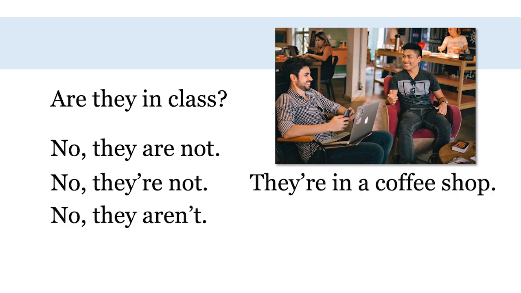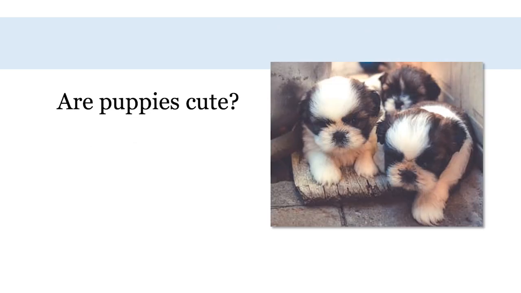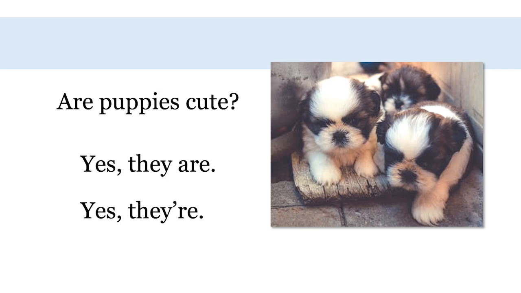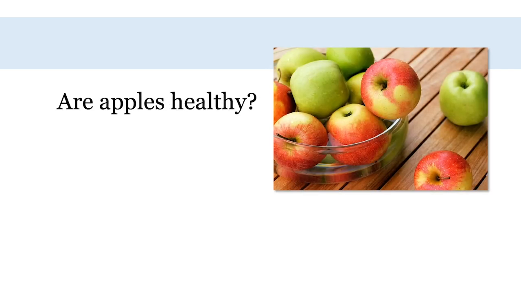They're in a coffee shop. Are puppies cute? Yes, they are. Maybe you want to write yes, they're, but this is incorrect because we don't make a contraction with those yes answers. It doesn't work. Are apples healthy? Yes, they are.